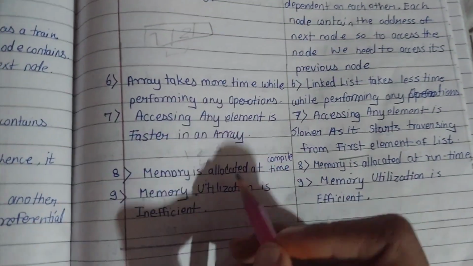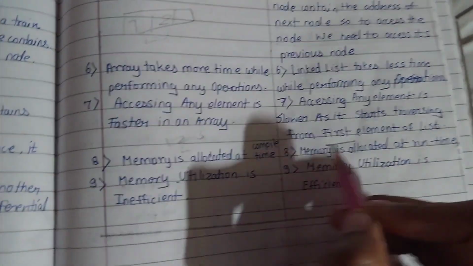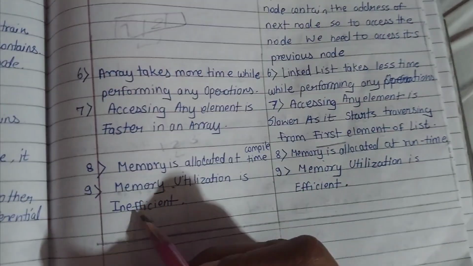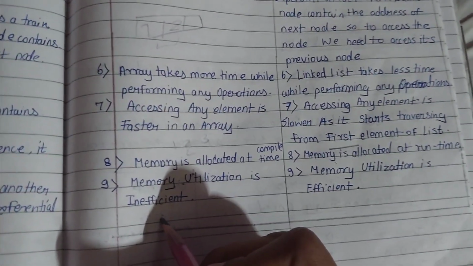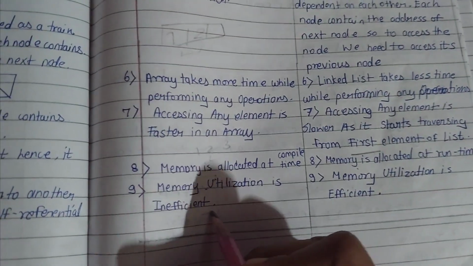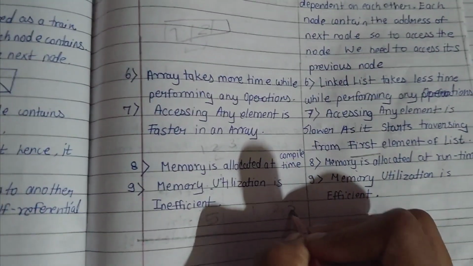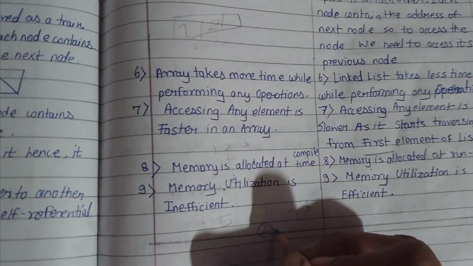Memory in an array is allocated at compile time, but memory in a list is allocated at runtime. Memory utilization in an array is inefficient. If you have an array of size 5 but have stored only 3 values, the remaining two memory spaces are wasted.